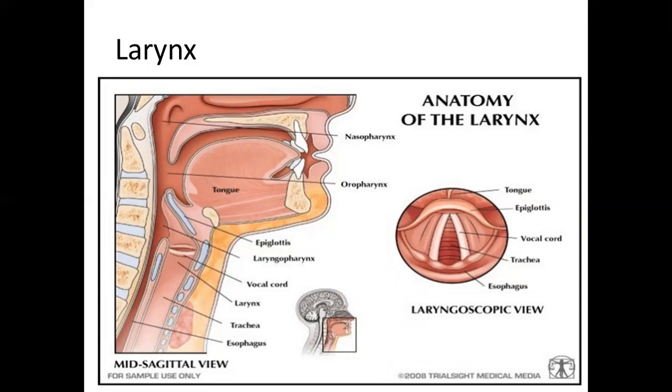The nasopharynx is lined by respiratory epithelium, while the oral and laryngeal pharynx are lined by stratified squamous epithelium.